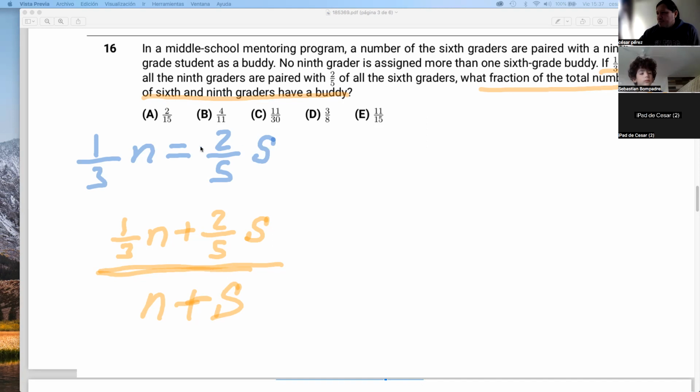So we can solve it, for example, by solving for N or S. You can choose. For example, we are going to solve for S, this one. Vamos a despejar S, ¿sí? La letra S. ¿Cómo quedaría ese despeje?